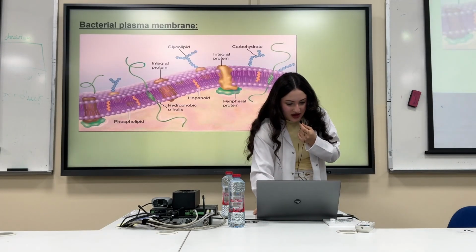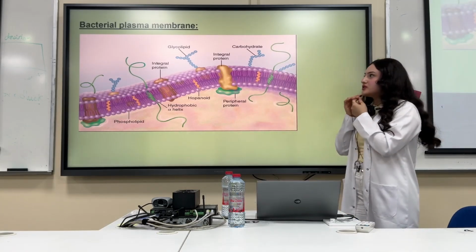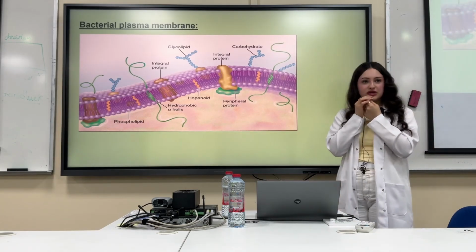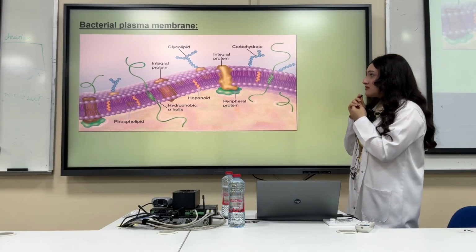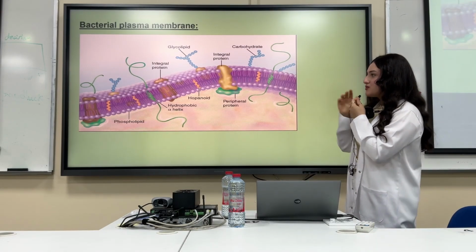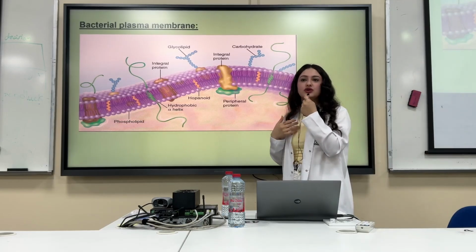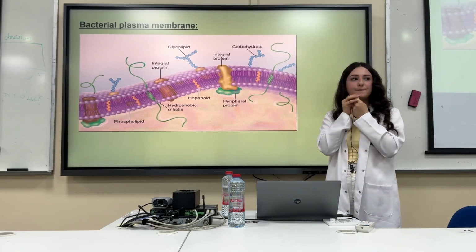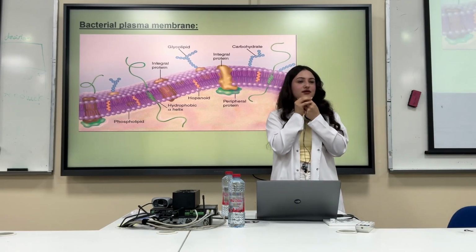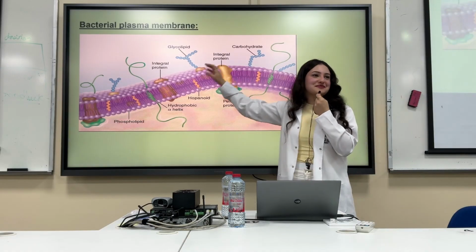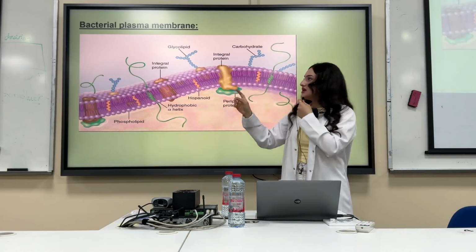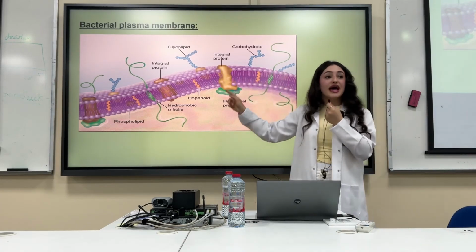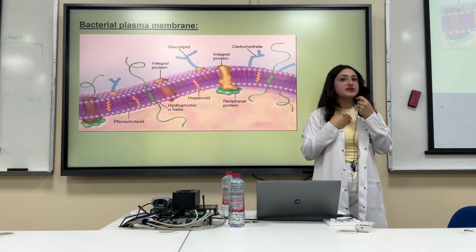I told you guys that the bacterial plasma membrane is somewhat similar to our plasma membranes, but there is one major difference. It's something that we don't have in our plasma membrane. Can you point it out? We're talking about the plasma membrane itself. There is a major difference in the bacterial plasma membrane and in our own plasma membrane. What is it?